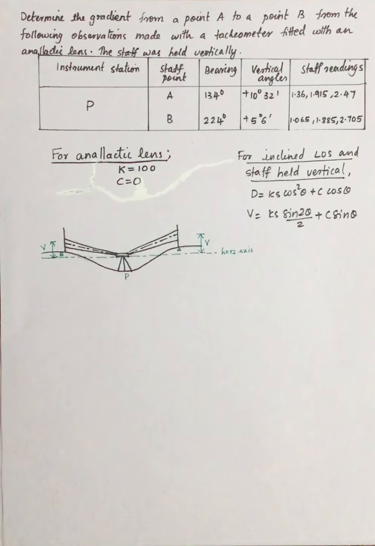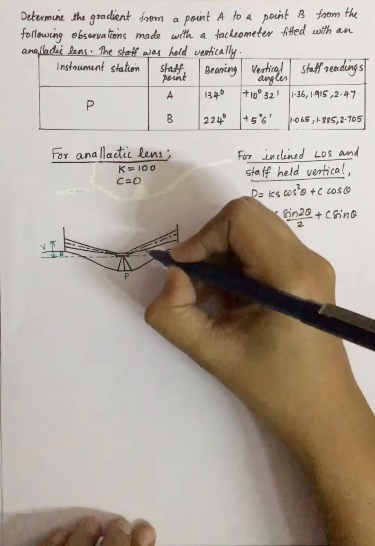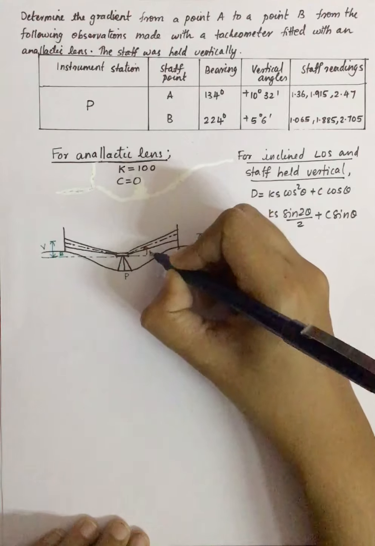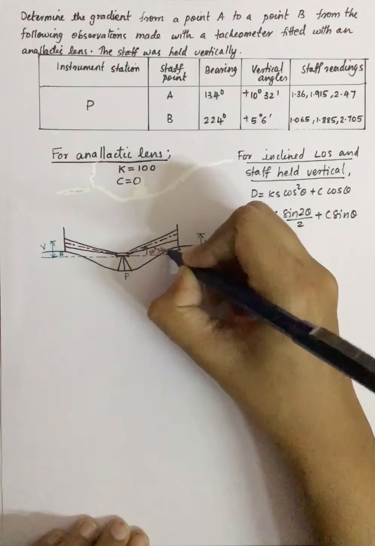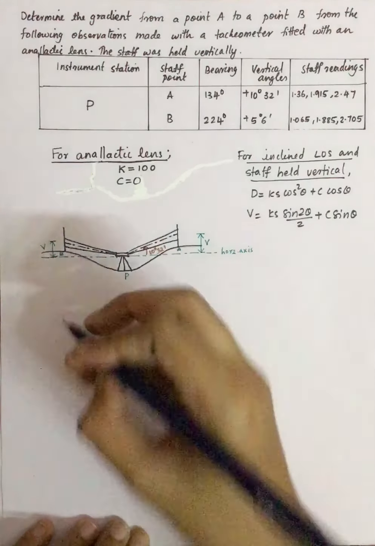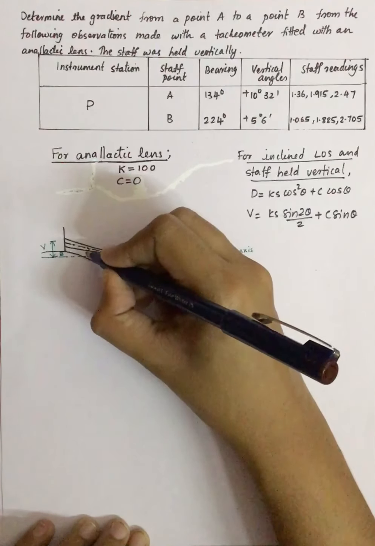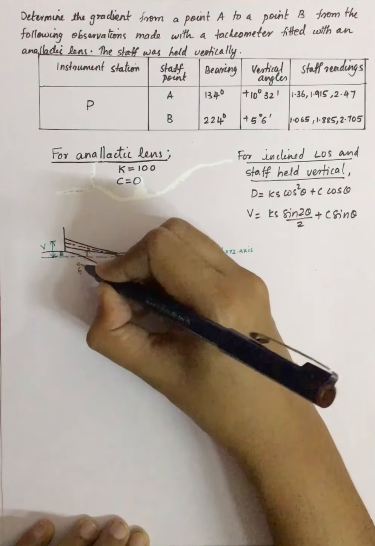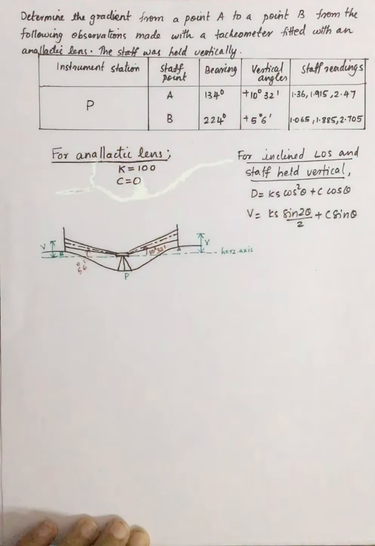For B it is 5 degree 6 minutes. So the angle theta is also given.